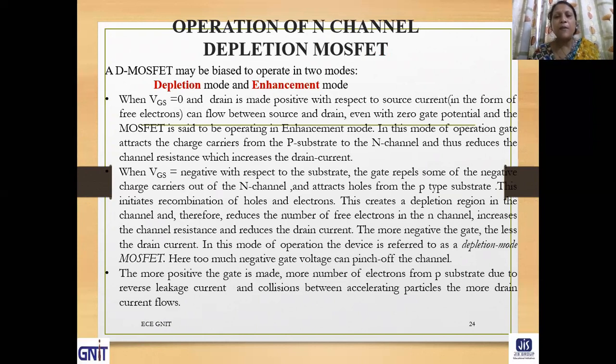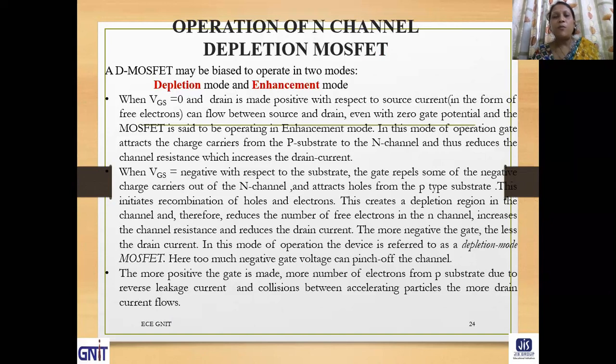If you apply zero gate potential, or a potential that supports the type of charge carriers already existing in the channel, then the device acts in enhancement mode.